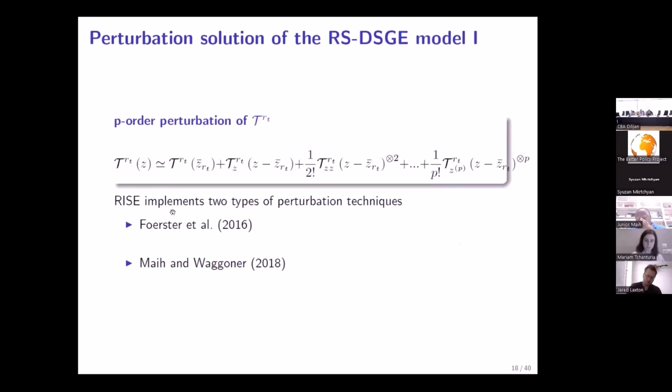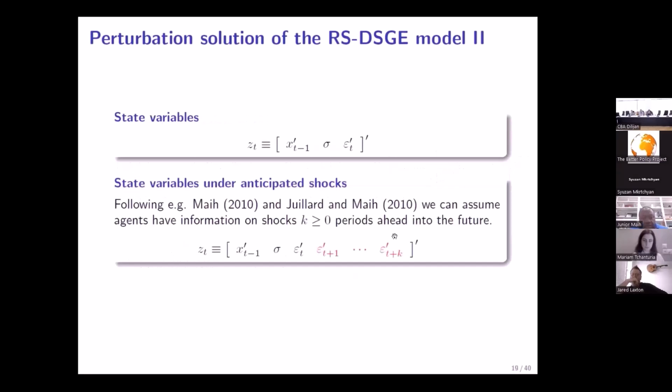RISE implements, in the environment of regime switching DSGE models, 2 types of perturbation: Foerster, Rubio-Ramirez, Waggoner, and Zha 2016, and Maih and Waggoner 2018. The state variables are then going to be x_{t-1}, the lagged endogenous variables, the perturbation parameter sigma, because we are doing perturbation, and the vector of shocks.